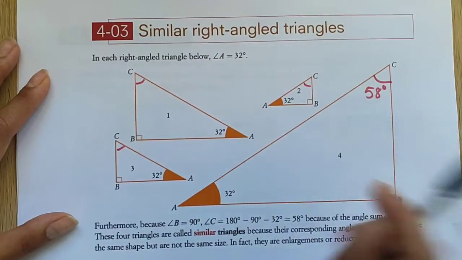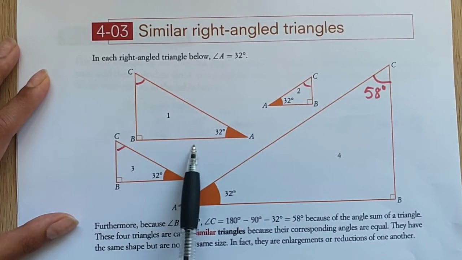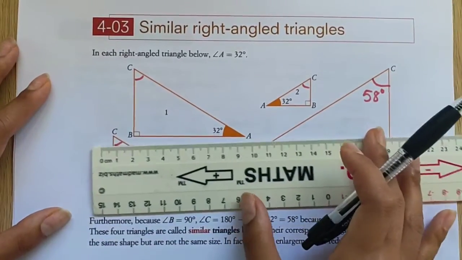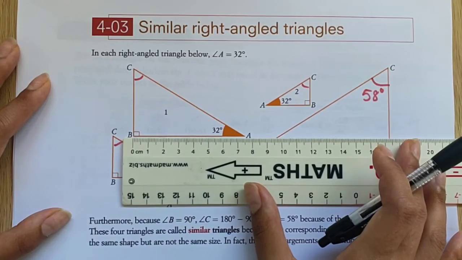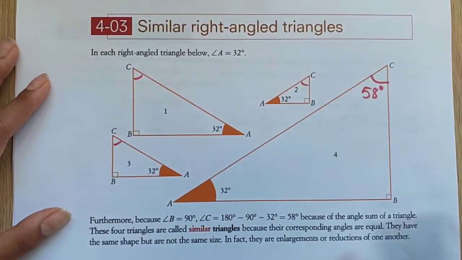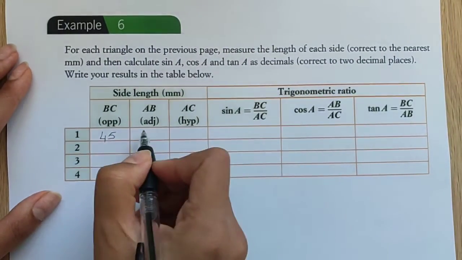Secondly, for the first right angle triangle, I want to measure the length AB in terms of millimeter. Looking at the same triangle, this is 7.5 centimeters. We want to convert 7.5 to millimeter, that would be 75.